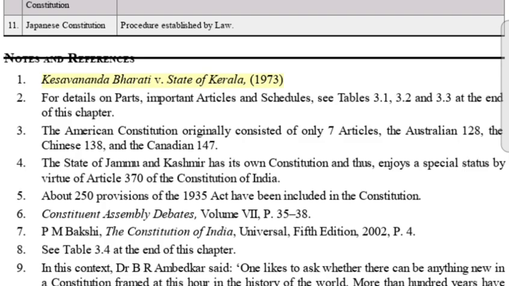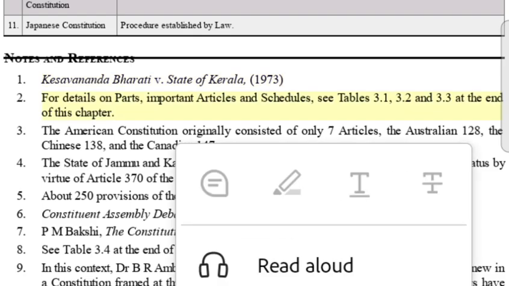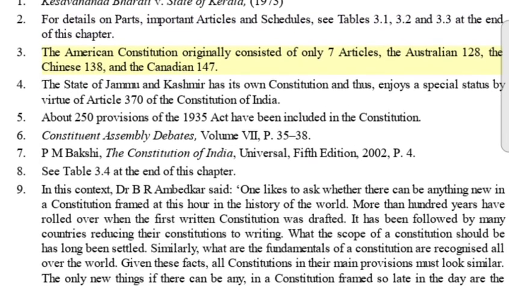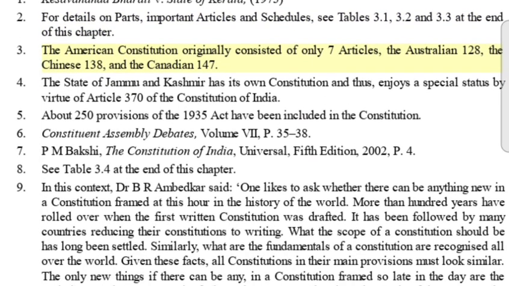Notes and references. 1, 2, 3, 4, 5, 6, 7, 8, 9. Kesavananda Bharati vs. State of Kerala, 1973. For details on parts, important articles and schedules, see tables 3.1, 3.2 and 3.3 at the end of this chapter. The American Constitution originally consisted of only 7 articles, the Australian 128, the Chinese 138, and the Canadian 147.